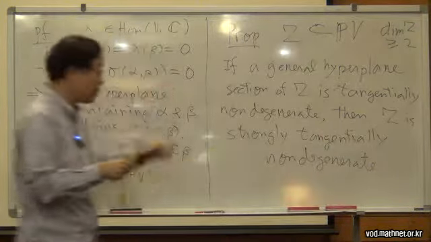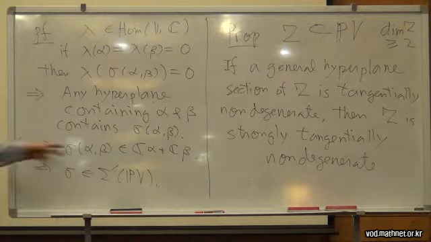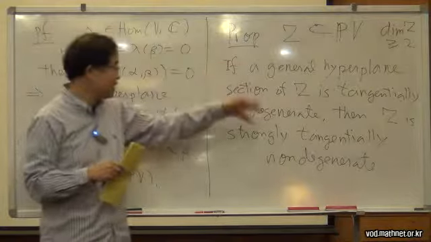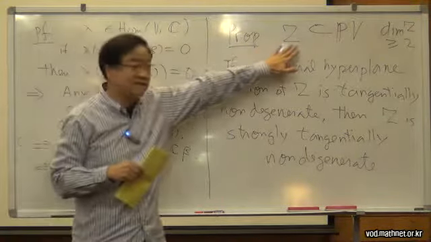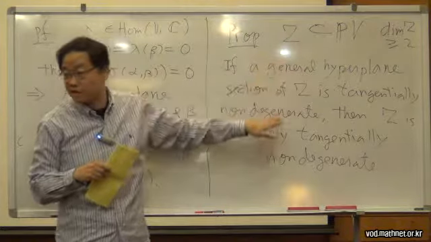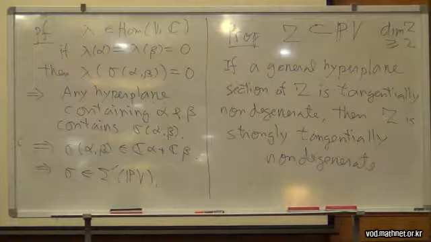Okay, so this is one way to check strong tangential non-degeneracy. If its hyperplane sections are tangentially non-degenerate, then Z itself is strongly tangentially non-degenerate.